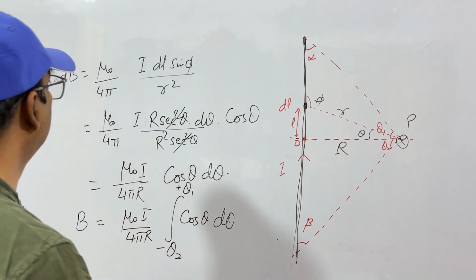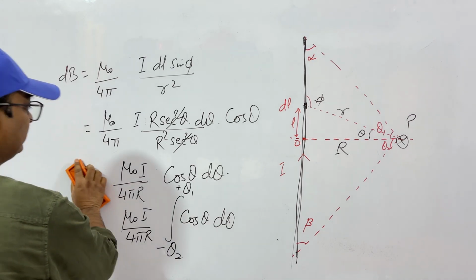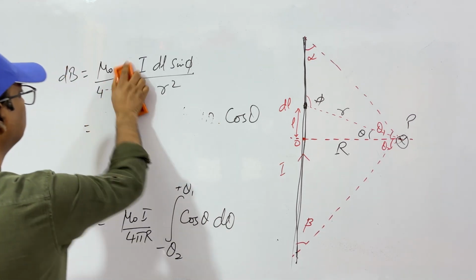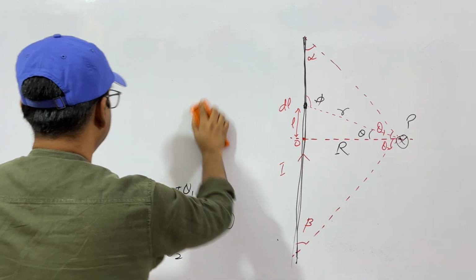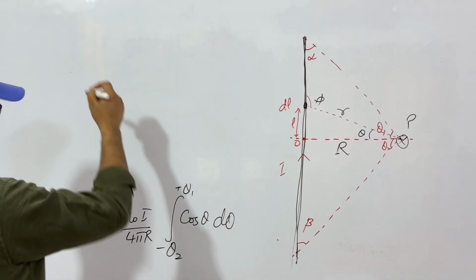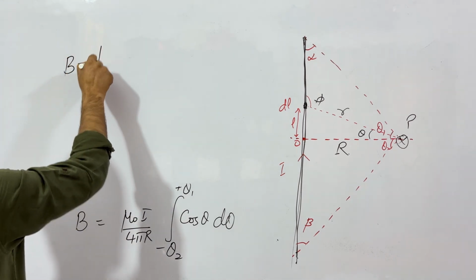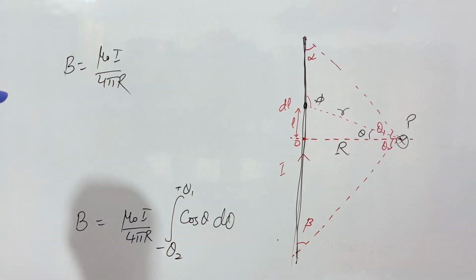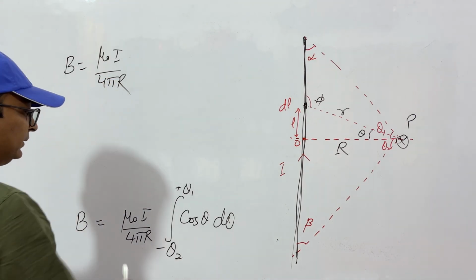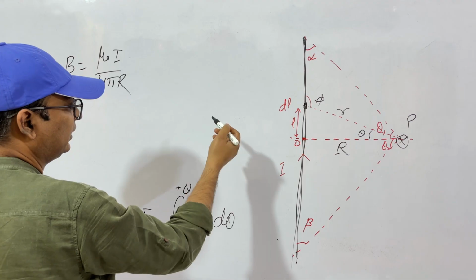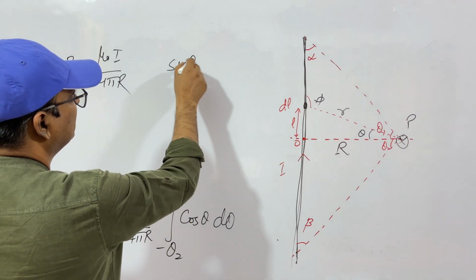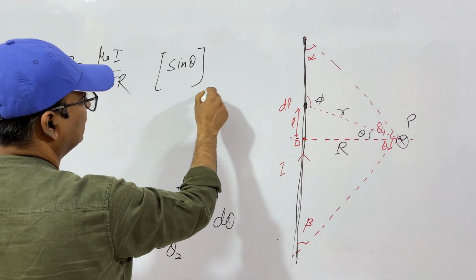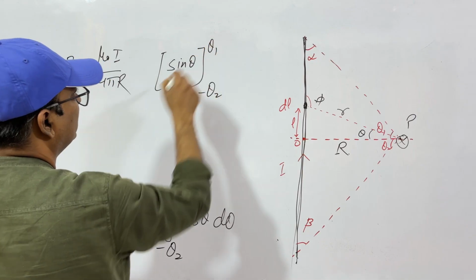Okay, so let's rub it. So B is μ0 I/4πr. Then you have cos θ dθ, which is simply sin θ, from minus θ2 to θ1.